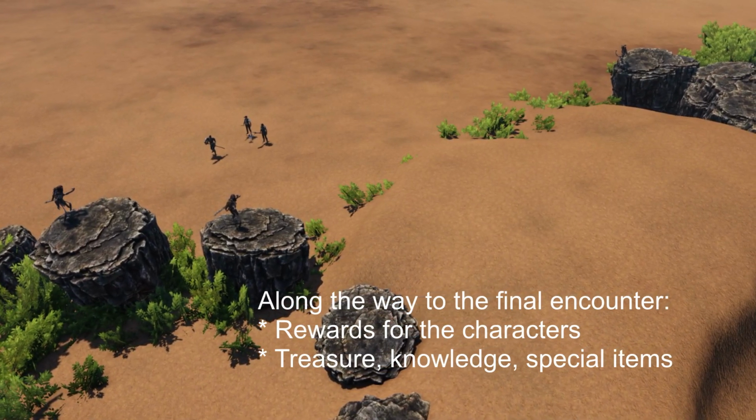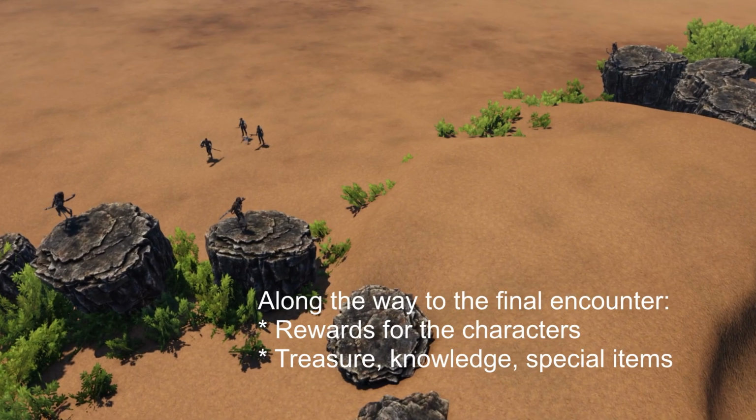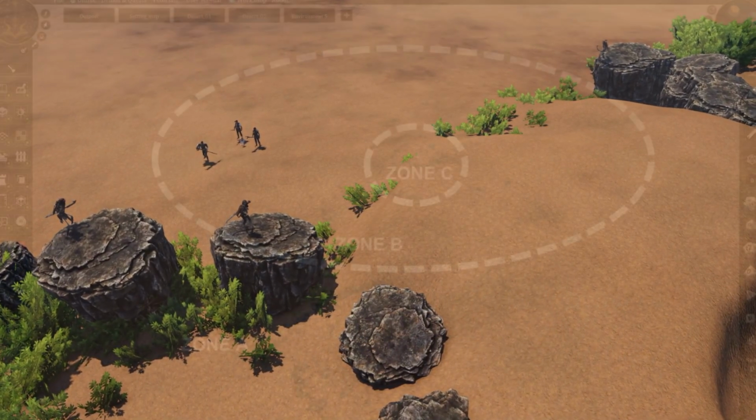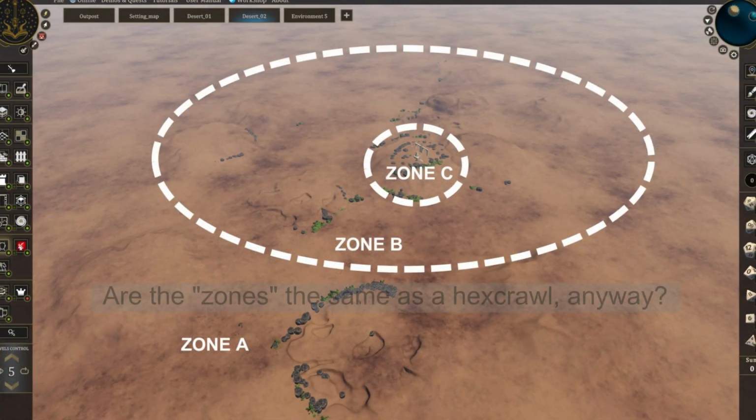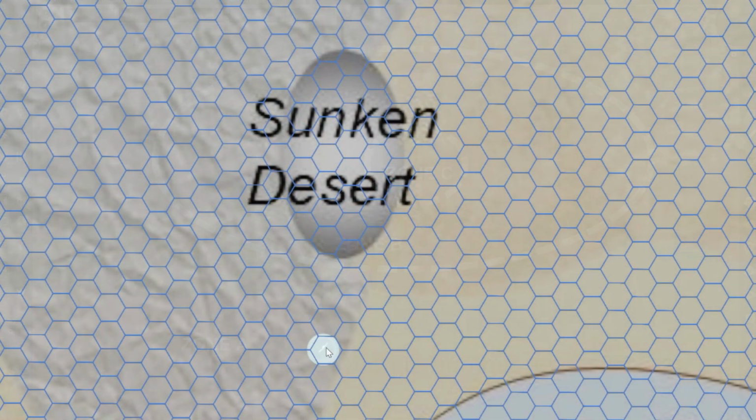Repeatedly, people have told me that these exploration zones or adventuring zones appear to be like a classic hexcrawl. The only major difference is that a hexcrawl involves fixed locations and boundaries of each hex grid space.